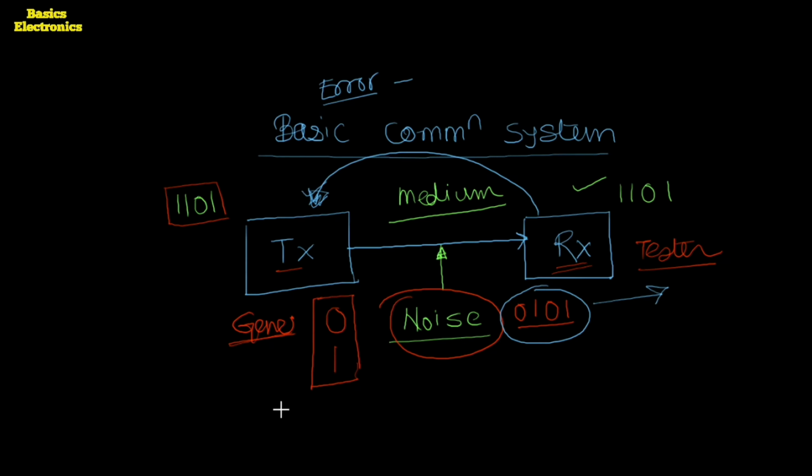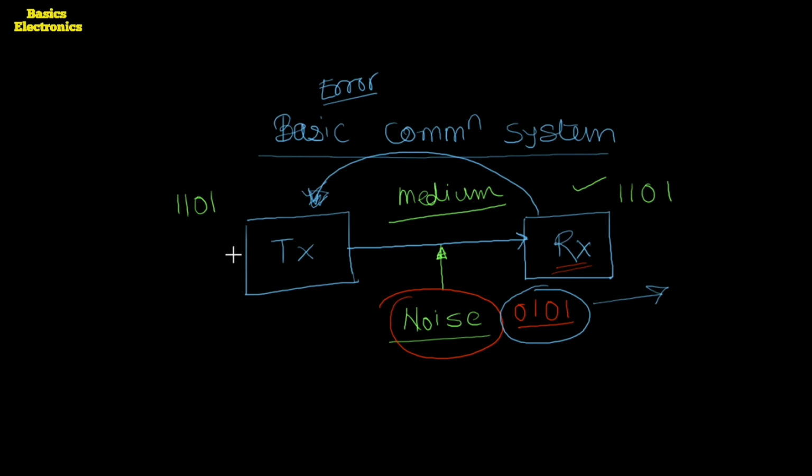This parity bit is transmitted along with the data which we have to transmit towards the receiver. Suppose the parity bit is equal to 1.